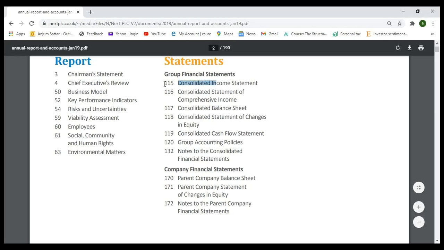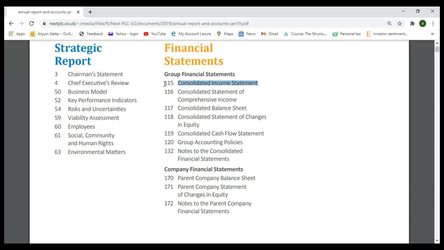We have consolidated income. Consolidated means they have so many companies, subsidiaries, sub companies, so that's why we combine the statements. We call it consolidated. So this is the income statement, also known as statement of comprehensive income, balance sheet, statement of change in equity, and the cash flow statement.